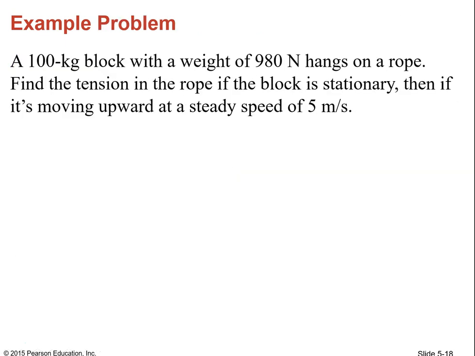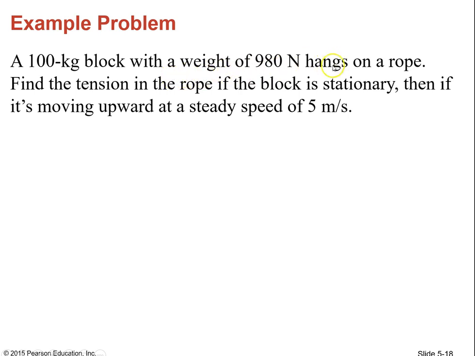All right. So we have this problem as well. A 100 kilogram block with a weight of 980 newtons hangs from a rope. Find the tension in the rope if the block is stationary and if it's moving upward at a steady speed of 5 meters per second. Okay. So if it's stationary, the tension is going to equal the weight.